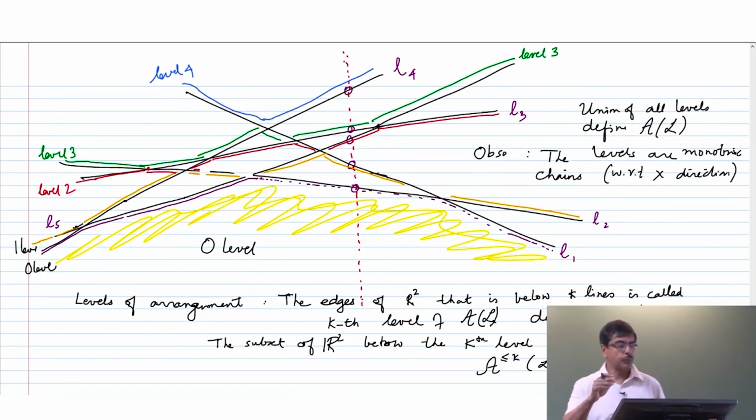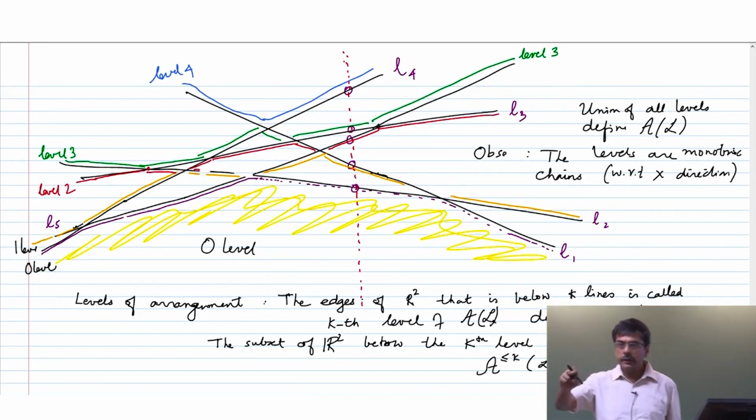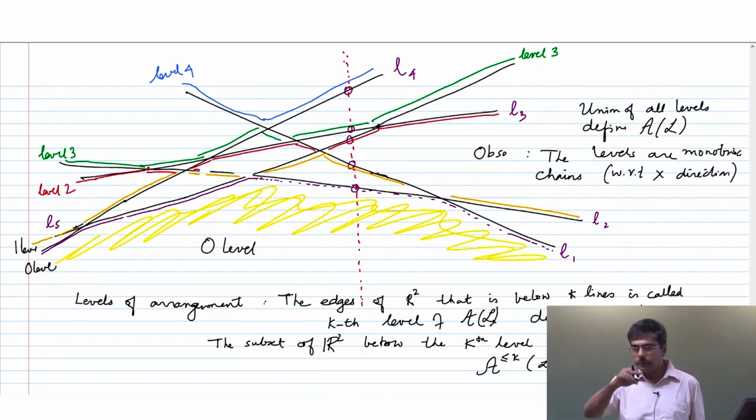When you follow a level from left to right, it will never bend backwards, it will always move forward, because if it bent backward, one of them would be higher than the other. So, it cannot be.